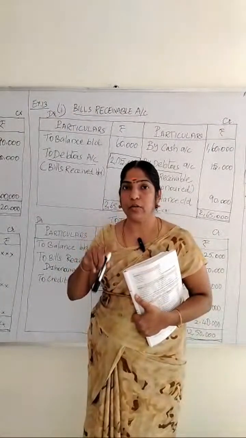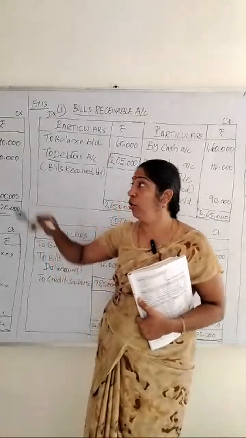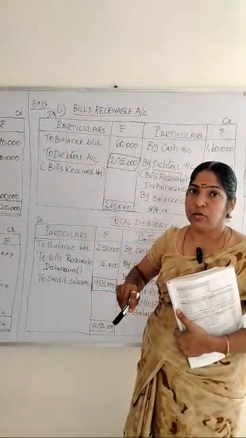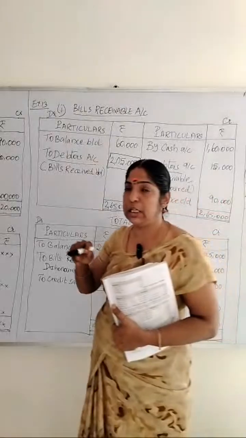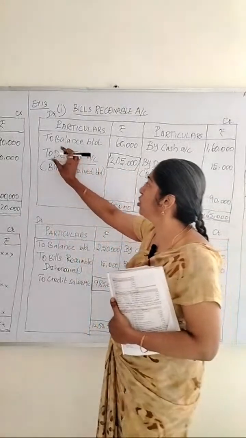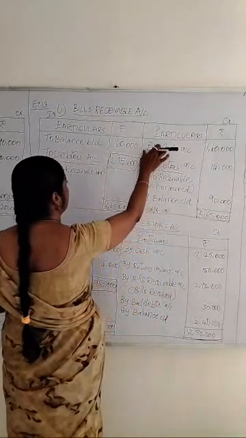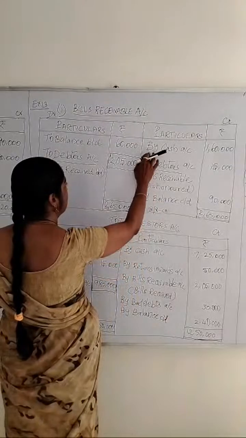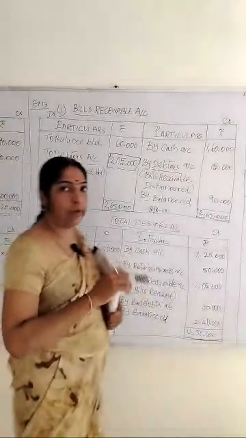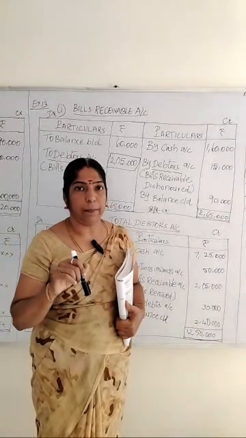So in a ledger account we always start with the opening balance on the debit side. So opening balance of the bills receivable, how do you write it? To balance brought down. Always start with the word 'To' on the debit side and the word 'By' on the credit side in the ledger account. Got it? If you have any doubt, please comment in the comment box. Okay.